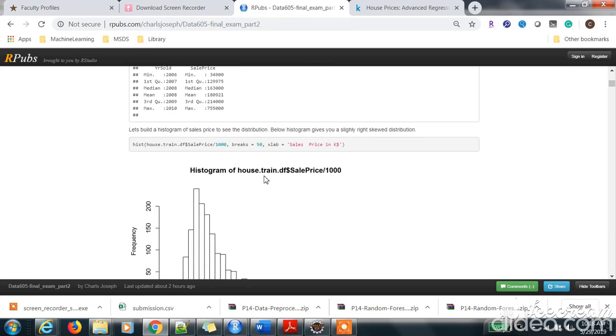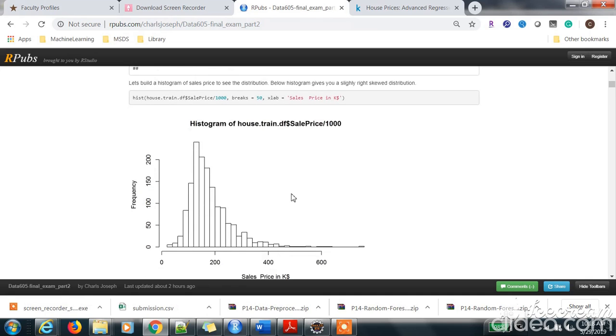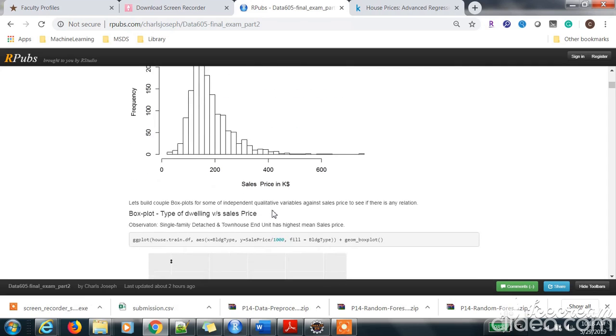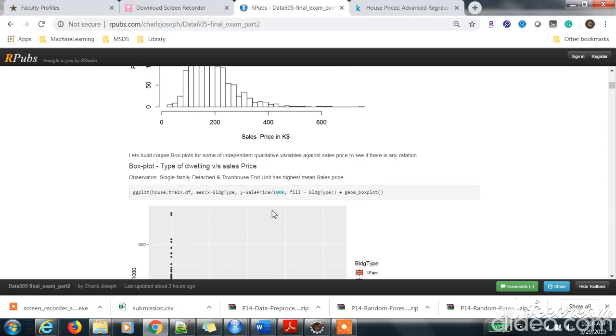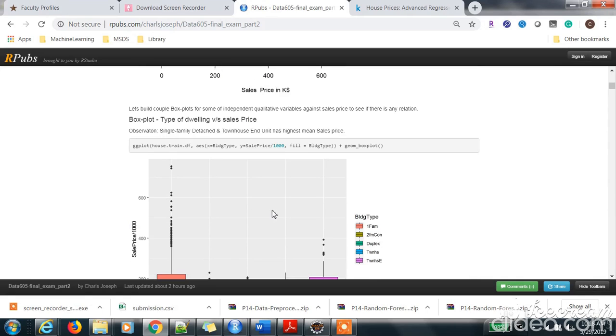Okay, so the next thing is to build the histogram on sales price. I can see the histogram is basically a right-skewed histogram, and I did some box plots between some of the explanatory variables versus sales price.